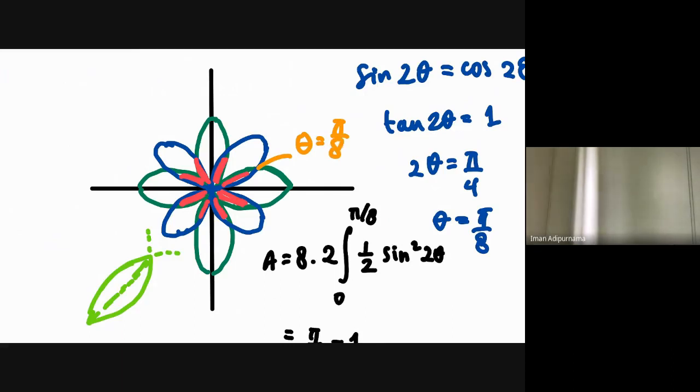If you are using the sine, you start from 0 and go up, and actually you are finding this half. You multiply by 2, you get the full leaf, right? And you multiply by 8 because it has 8 leaves: 1, 2, 3, 4.